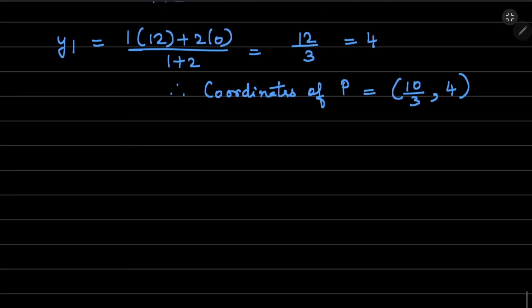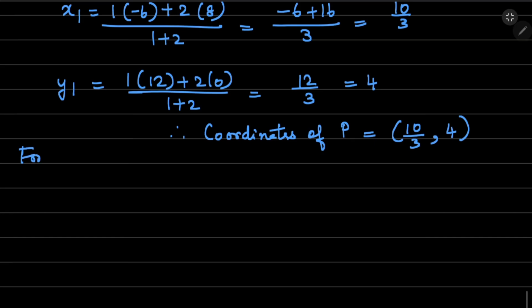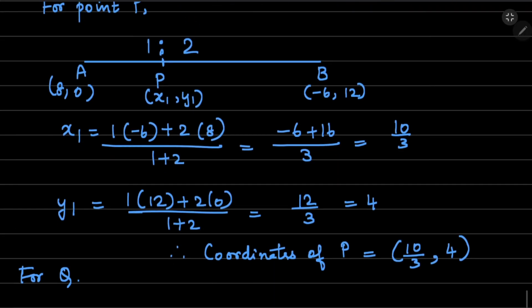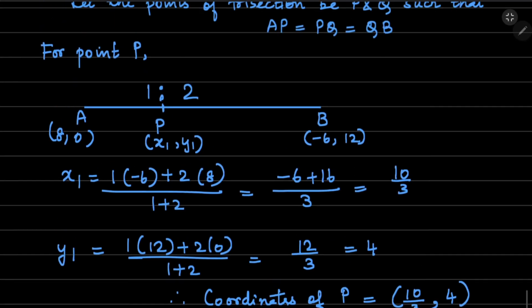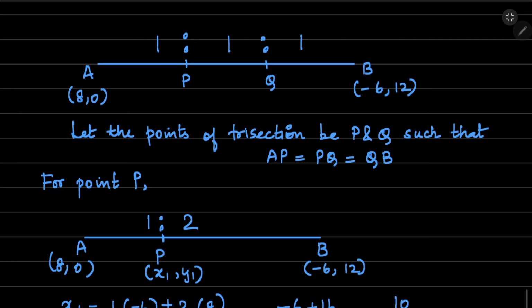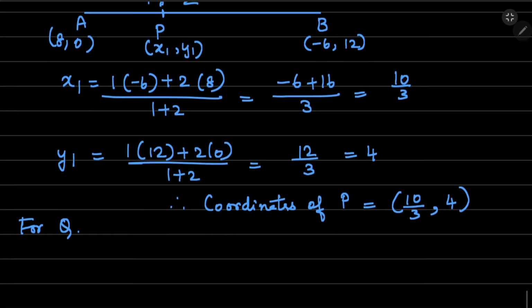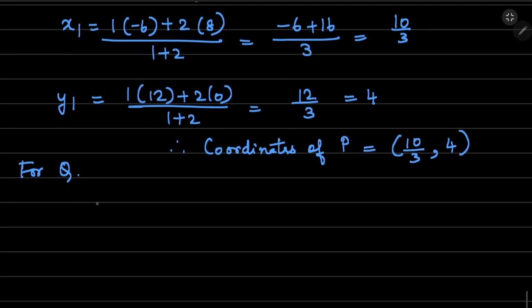Now let us calculate for the second point, that is for Q. For Q, the ratio is going to be 2:1. See, if you look here, the point Q alone, if you take, it is dividing AB in the ratio 2:1. So you can probably redraw it again, so that it's easier for you to write it.